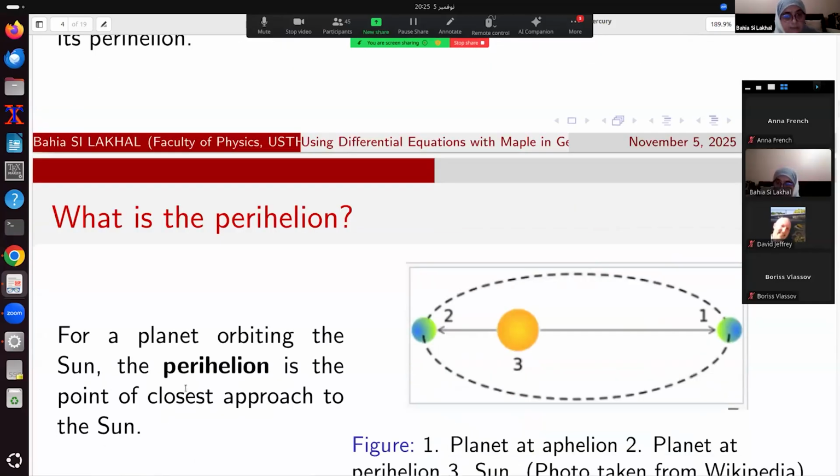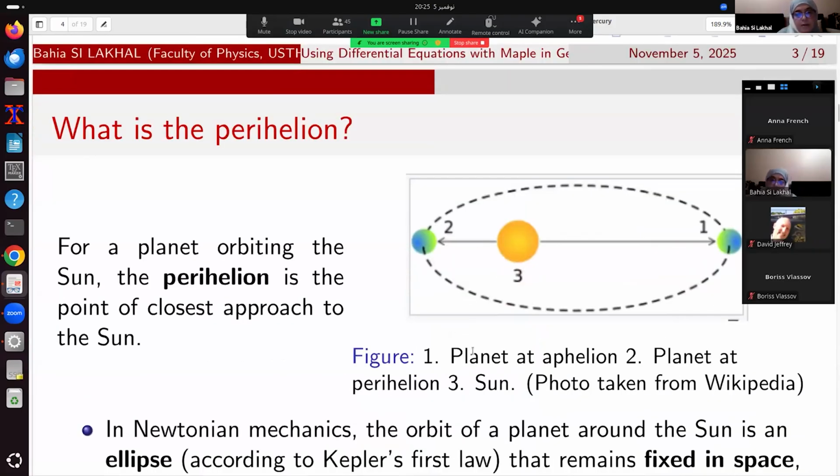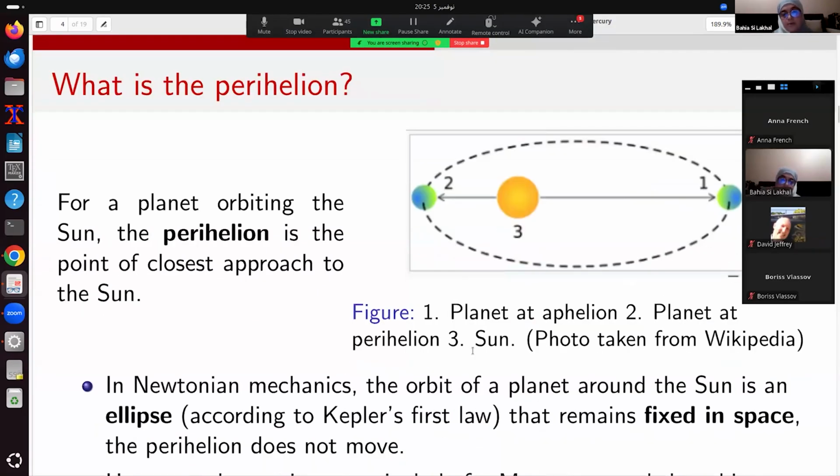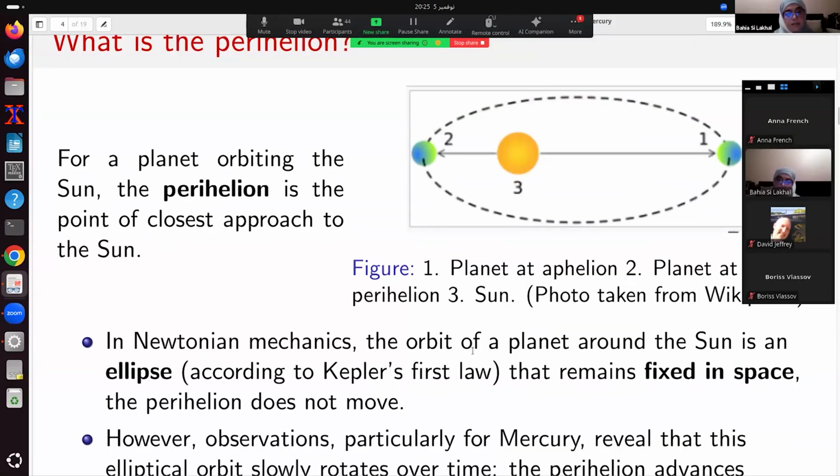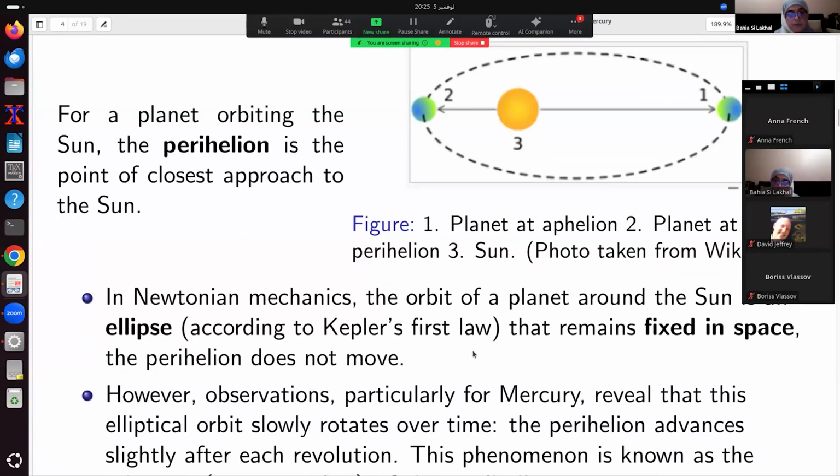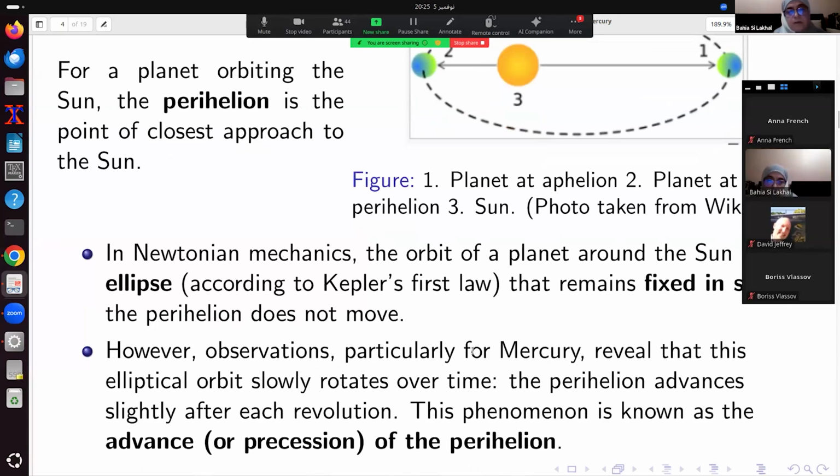For a planet orbiting the sun, the perihelion is the point of closest approach to the sun, as seen in this figure. In Newtonian mechanics, the orbit of a planet around the sun is an ellipse that remains fixed in space. However, observations, in particular for Mercury, show that this elliptical orbit slowly rotates over time.